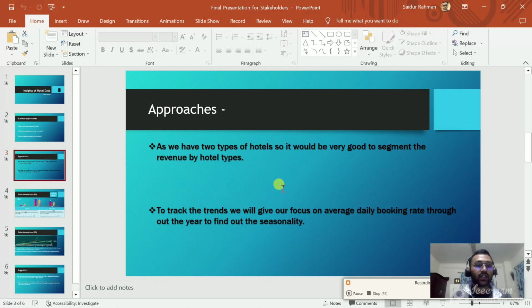In that case, our approach looked like this, as we have two types of hotel. So we segmented each attribute into the two types, to see how they impact the total revenue and to track the exact amount they are generating for the company.